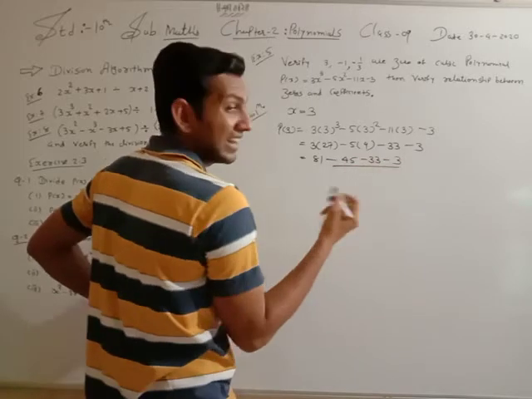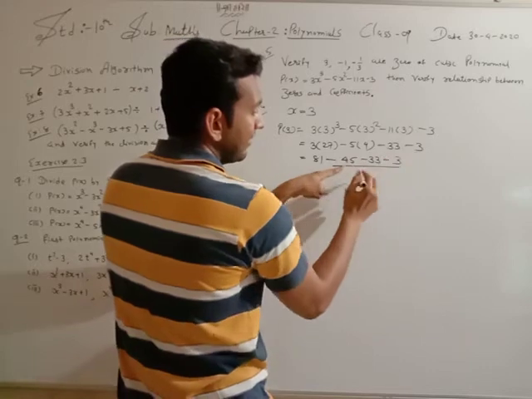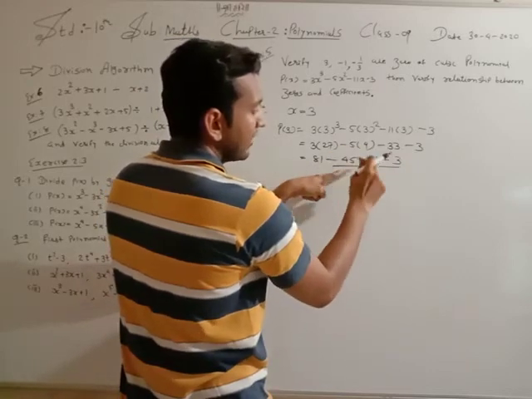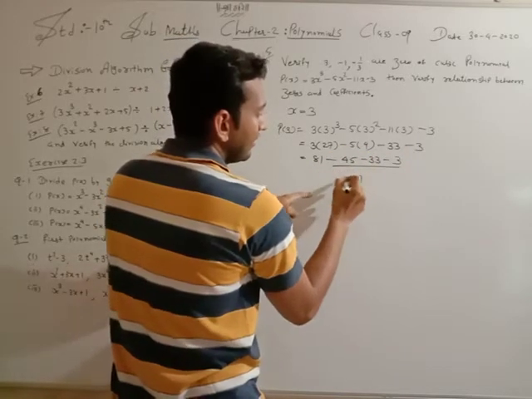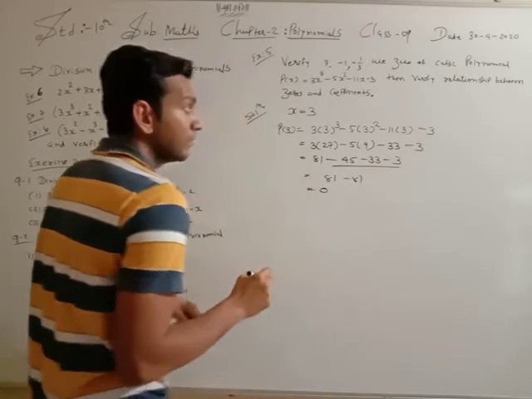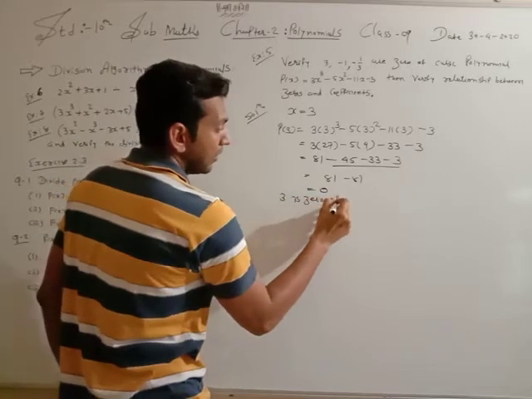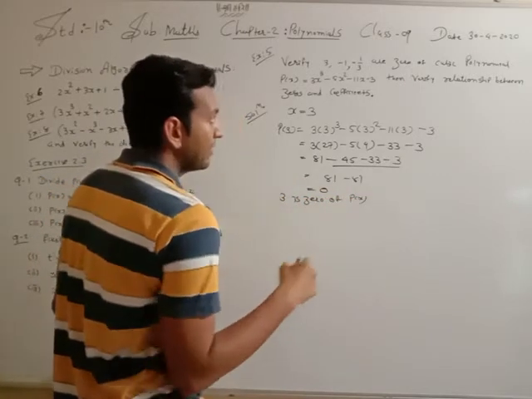These three terms are negative, so add them: 45 plus 33 plus 3 is 81. 81 minus 81 is 0, so your answer is 0. So 3 is a zero of the given polynomial p of x.